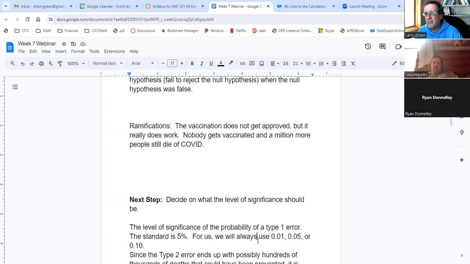It's very rare to see anything that is different than these numbers. Occasionally you'll see something less than 0.01, and that's if you have a type 1 error, you end up killing a whole lot of people. But if the alternative hypothesis was correct, then nothing important happens. Does that make sense? Then you probably want a really small type 1 error.